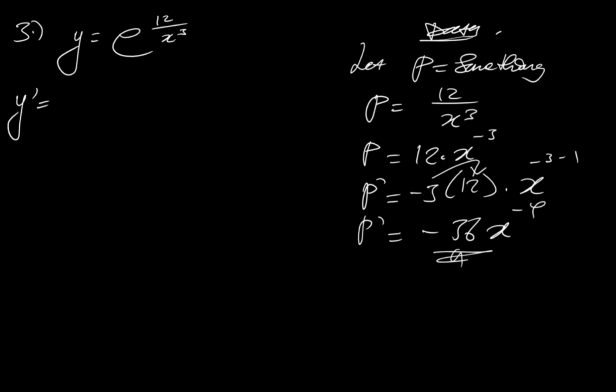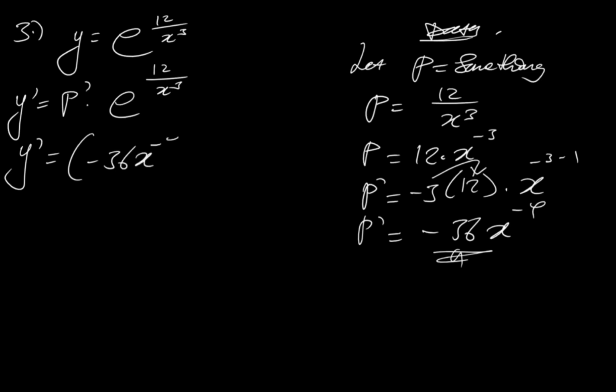So y prime is equal to the derivative of something, which is p prime, times e to the something, 12 over x cubed. So y prime is equal to the derivative of something, which is minus 36 x to the minus 4, times e to the 12 over x cubed.